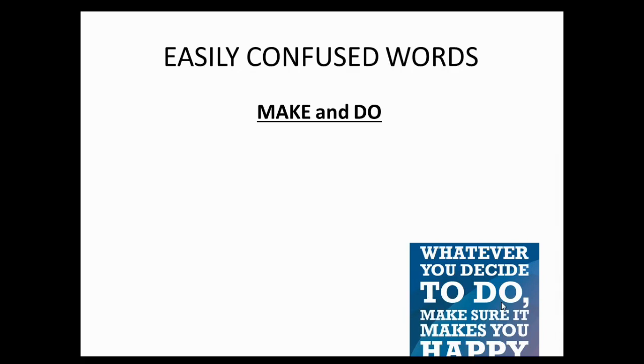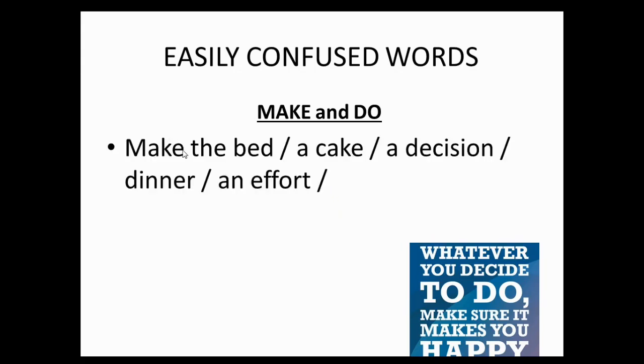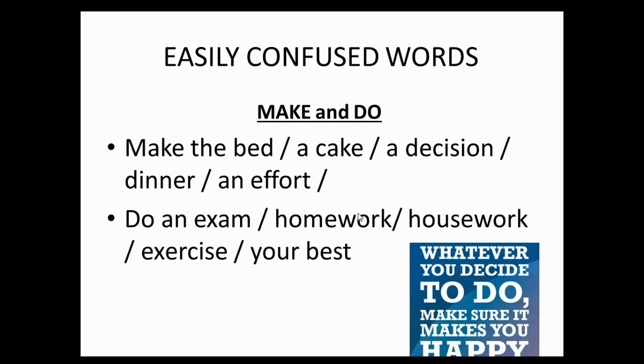But in Spanish you have ser and estar, while in English there is only one verb, to be. So don't complain about make and do. Examples: make the bed, make a cake, make a decision, make dinner, make an effort. And with do, we have do an exam, do homework, do housework, do exercise, do your best, for example.